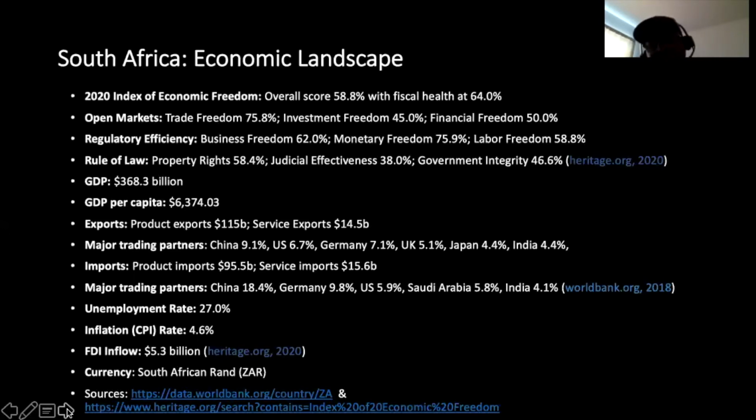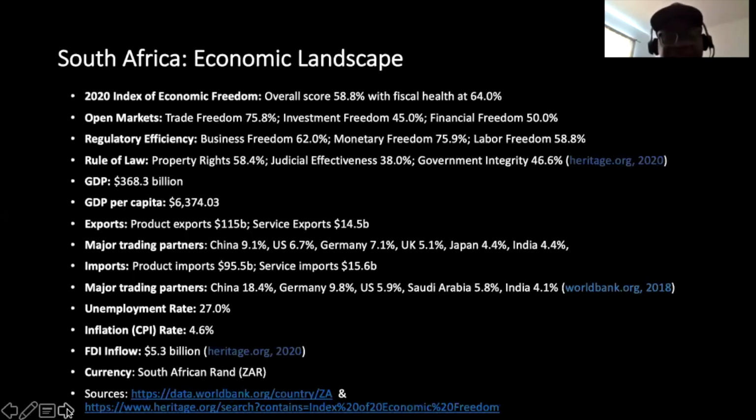And I have to emphasize here, not to go into the details of assigning a percentage to every one of them, that the key thing I want to stress is that if we are talking about rule of law, we want to see their property rights; if it is 58.4%, then that's cool.